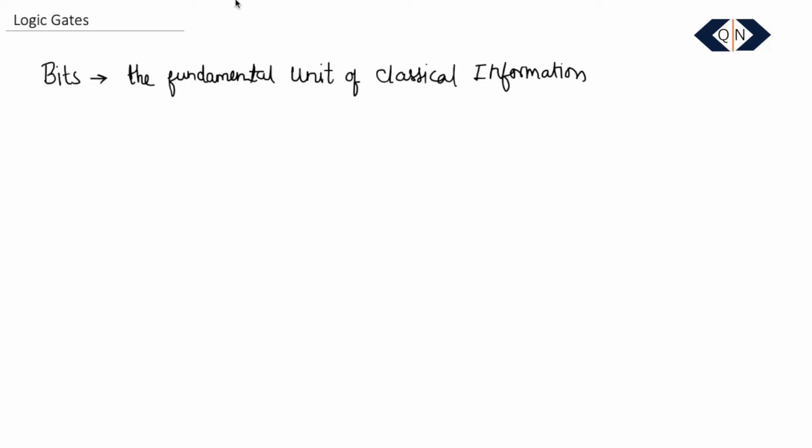So with the help of this bit, what can we encode? We can encode words. We have already seen we encoded the colors red, green, blue and yellow, and also the colors of the rainbow.